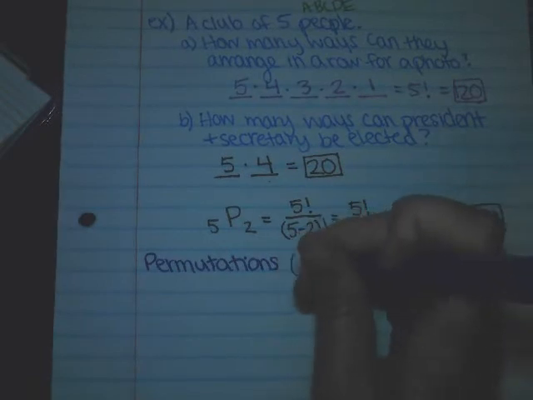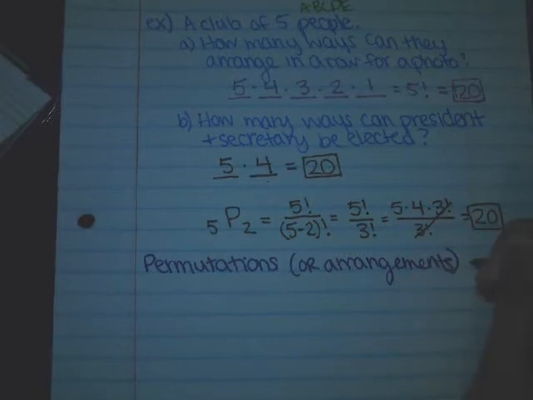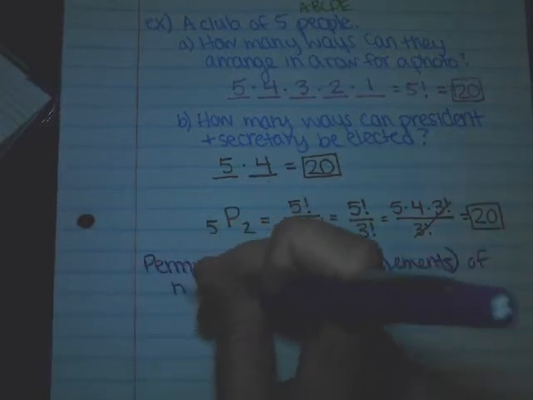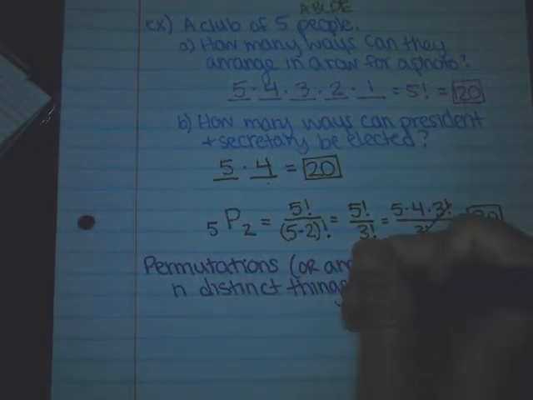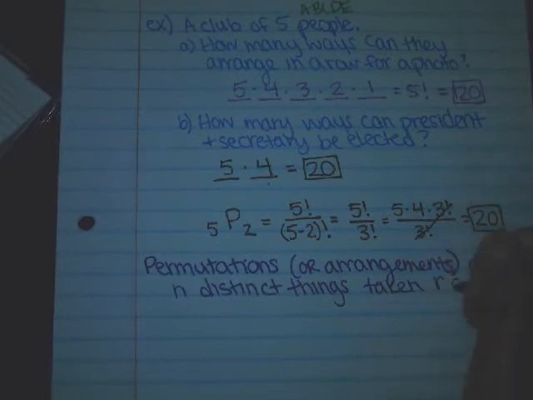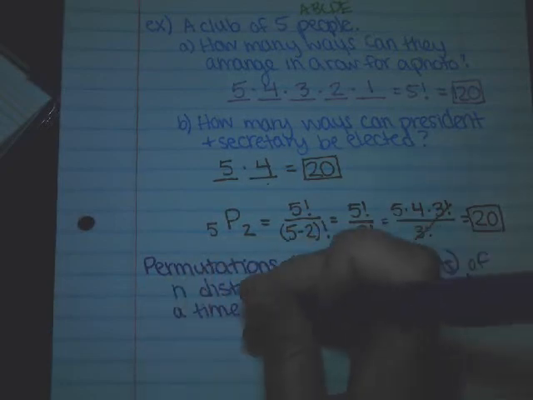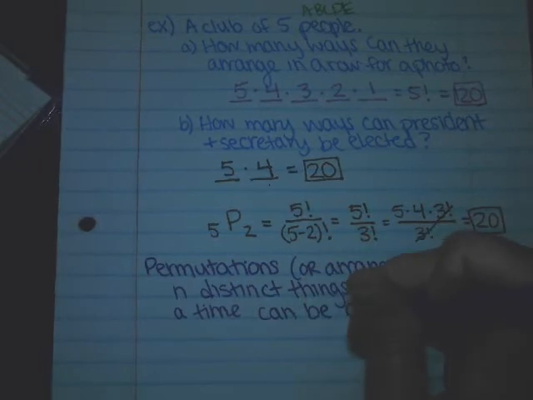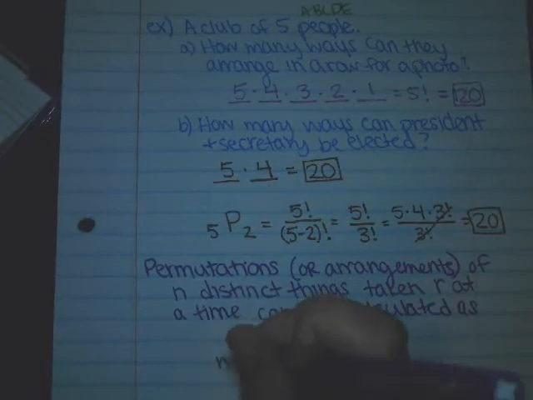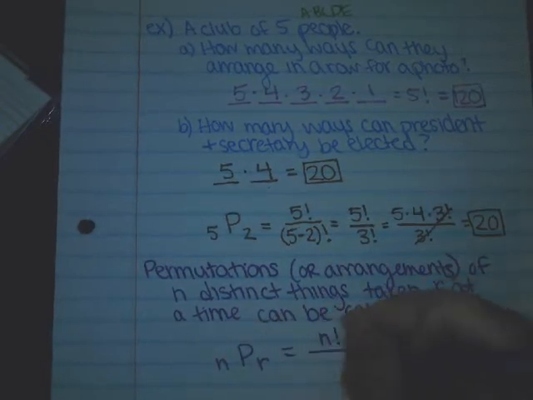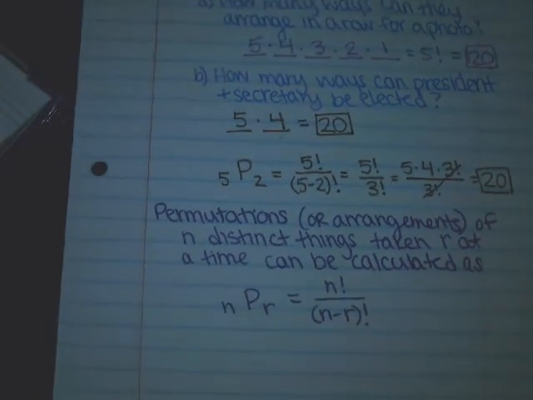So for permutations or arrangements of n distinct things, taken r at a time, okay, and there is our formula.